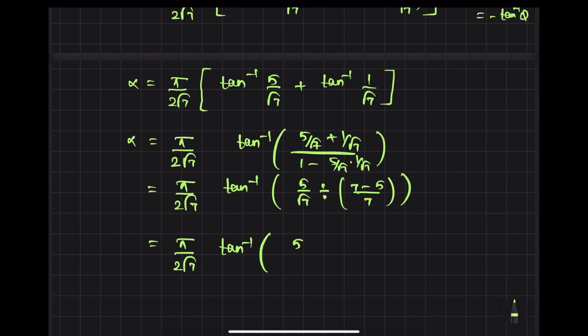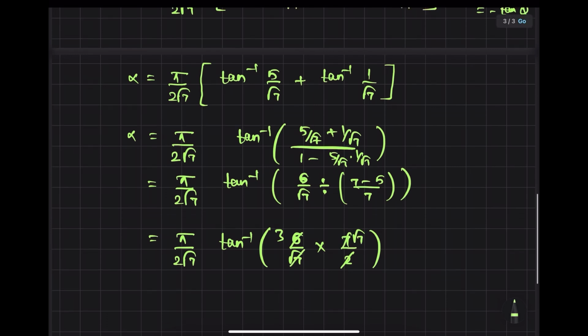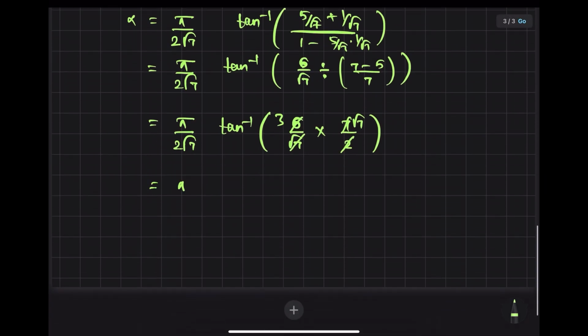Now this is 6, this is root 7, multiplied by 7 by 2. Okay, 7 by 2, it is 6, no, it is 6. Now this thing is 3, this thing is root 7. So we got our thing. So pi by 2 root 7 tan inverse 3 root 7.